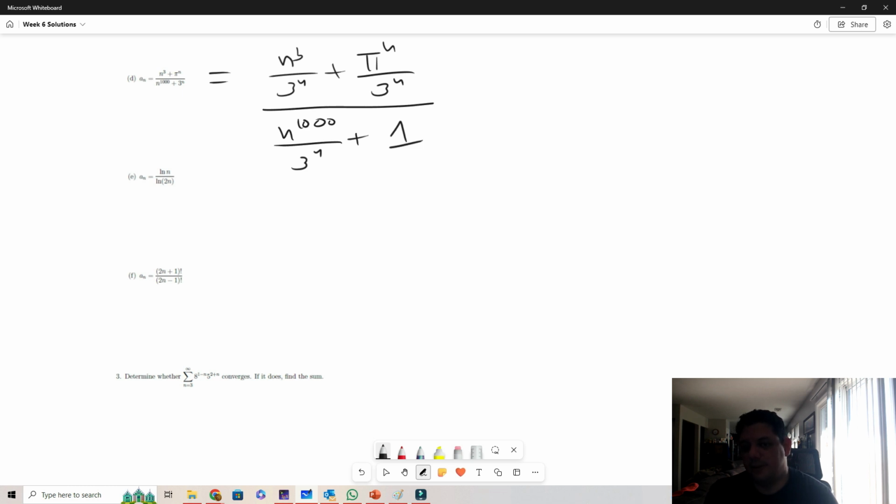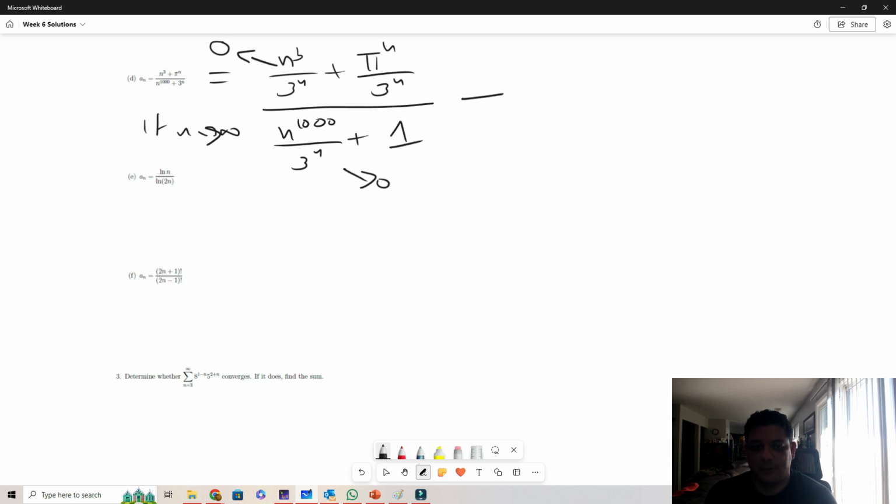And so now notice that I just divided up and down by 3 to the n, and this term, when n goes to infinity, so if n goes to infinity, this piece goes to 0 because 3 to the n grows faster. This piece goes to 0 as well because 3 to the n goes faster.